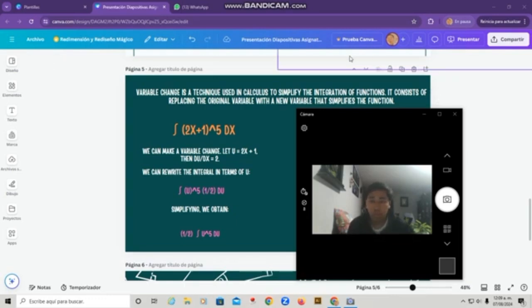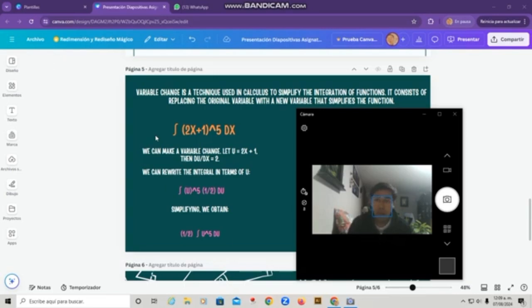Well, this is the example: the integral of (2x plus 1) to the power 5 dx.